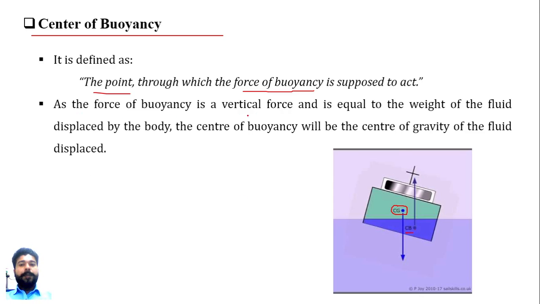As the force of buoyancy is a vertical force and is equal to the weight of fluid displaced by the body, the center of buoyancy will be the center of gravity of the fluid displaced. So you can see that over here is the point of application of the center of buoyancy.